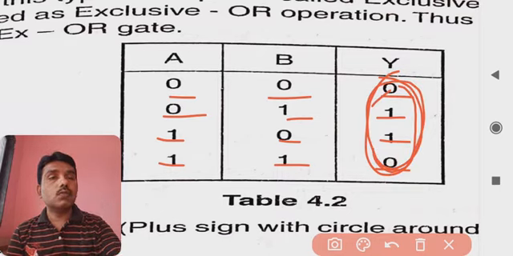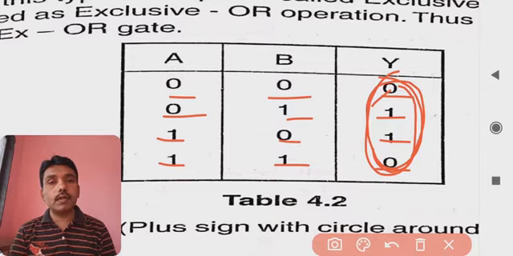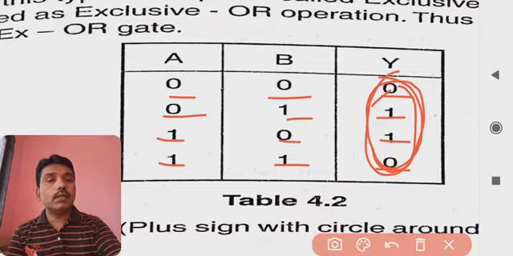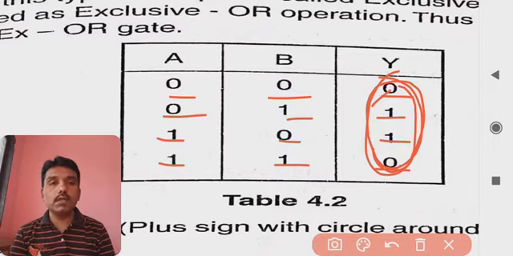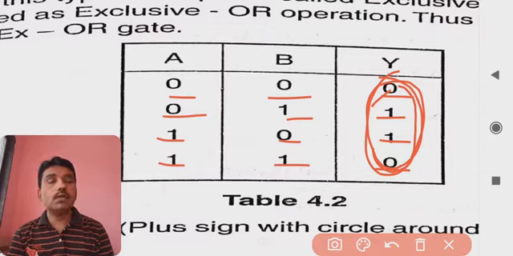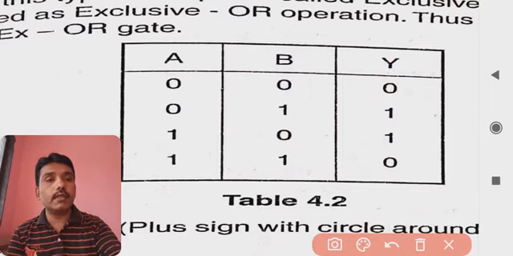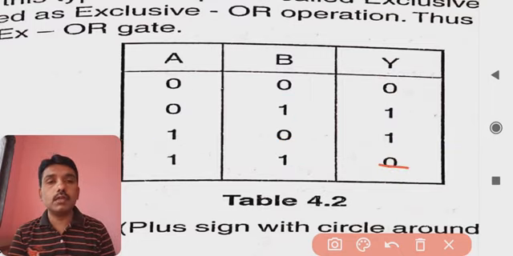So this is the basic difference between the exclusive OR gate and the OR gate. At the last part, there is the 1 1 condition. In the OR gate, the output would be high, but here only the sum is taken into account, not the carry, and that's why the output is 0.